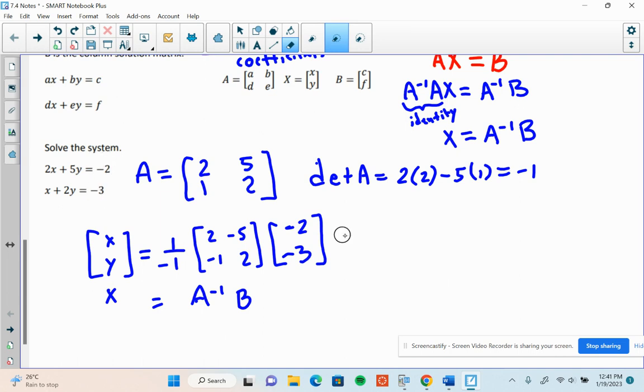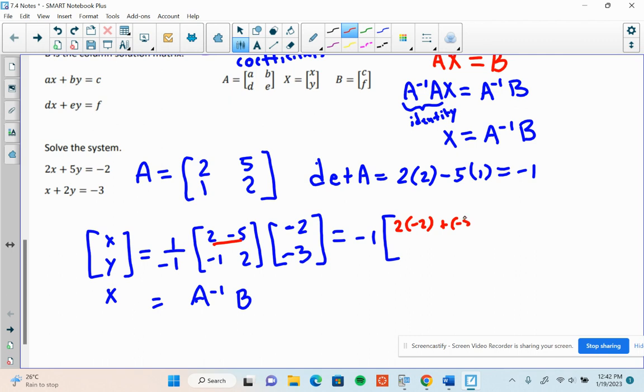So what we're now going to do is perform this multiplication. So I'm going to hold that negative 1 out here for a minute, and I'm just going to do all the multiplying. So I have 2 times negative 2. Remember, across the row, down the only column that I have. 2 times negative 2 plus negative 5 times negative 3.